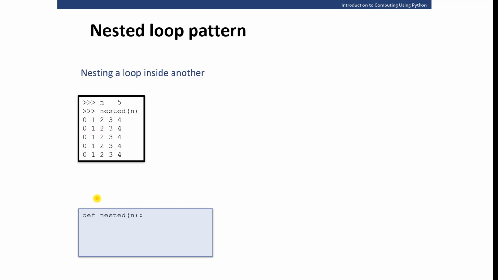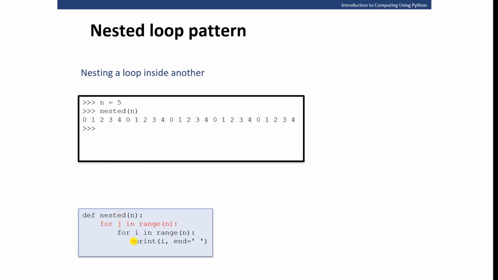So what we can use is the following. We can say for i in range n, print i with the end, so that will print the first line. But if I did for j in range n, and then for i in range n, print i, what's going to happen is I'm going to print the numbers from 0 to 4, then print them again on the same line, and this is not our case.